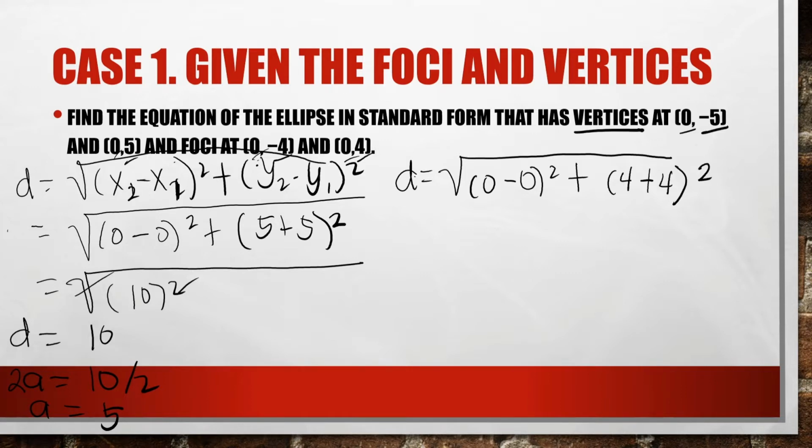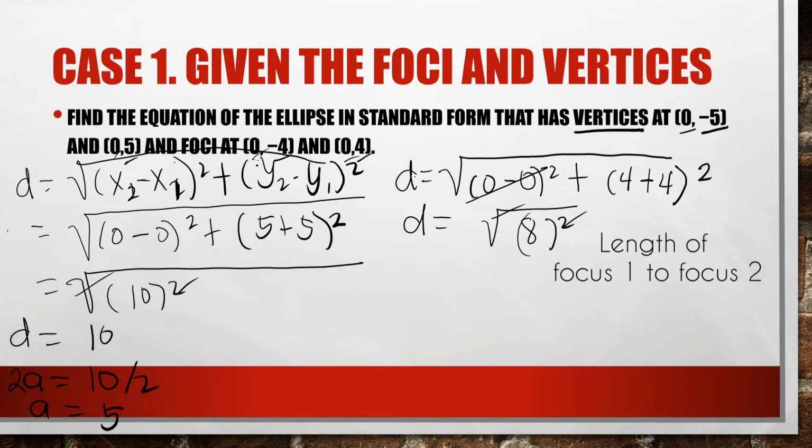So, cancel out na ito. D is equal to square root of 8 squared. So, cancel out ng square root. So, D is equal to 8. So, yung 2c is equal to 8. So, yung c natin, 8 over 2, magiging 4.